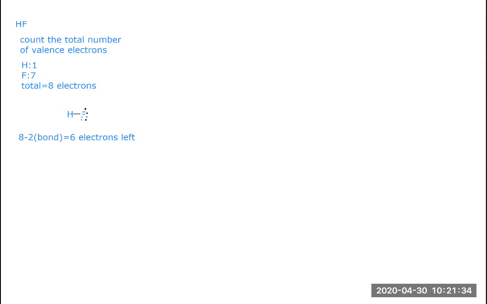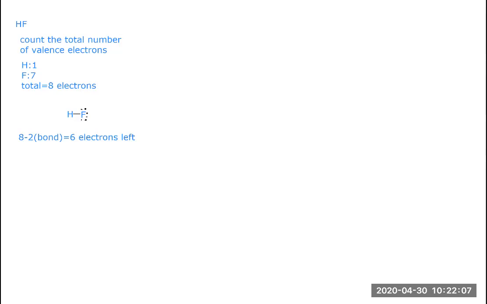Oh boy, I don't know what I did, but okay, it really looks awful, but it's very hard to draw on this. Okay, 6 dots around F. I'm sorry, it looks bad, but I don't know how to do this otherwise.